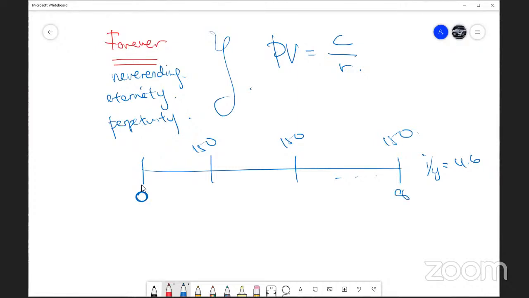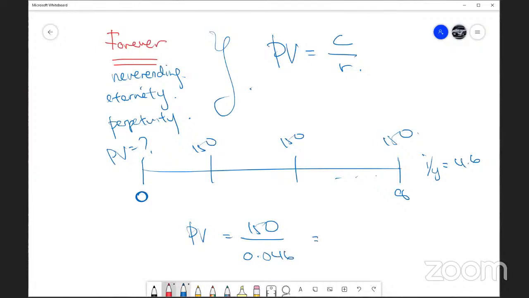So no need for a headache. Whenever you see this, you know they want you to find the present value. How much should you pay for this consol? C is the coupon 150, divided by R, which is 0.046.